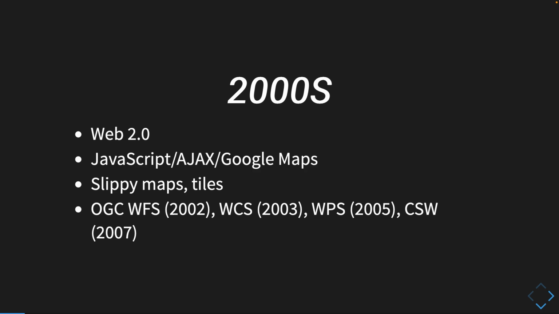So over the 2000s, we started to see a lot of different specifications for the first generation of geospatial web services coming out of the OGC. And just like WMS, a lot of these were rooted in XML and the idea of the backend being a database.